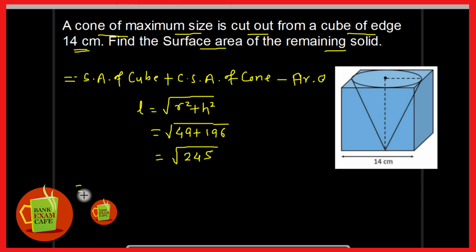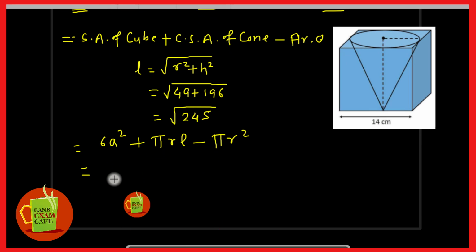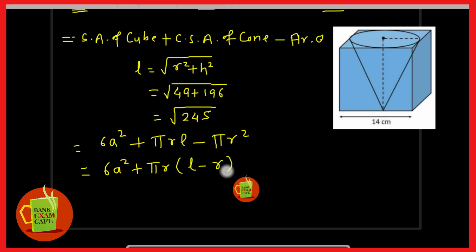Now we will solve this. The area of the remaining solid is equal to surface area of the cube, that is 6a square, 6 into side square, plus curved surface area of cone, that is pi r L, minus area of circle, pi r square. Go on solving this. Here it will be 6a square plus pi r as the common factor, taken out. Inside the bracket it will be L minus r.